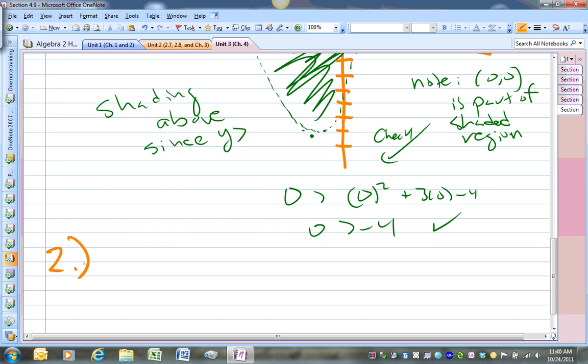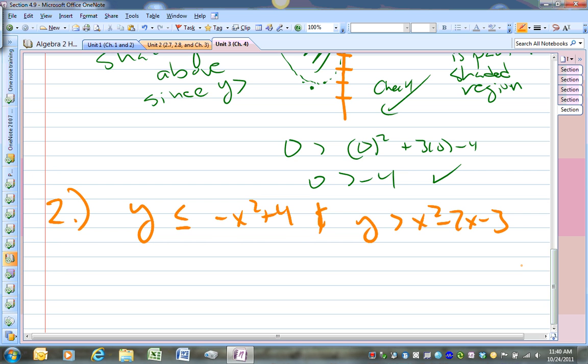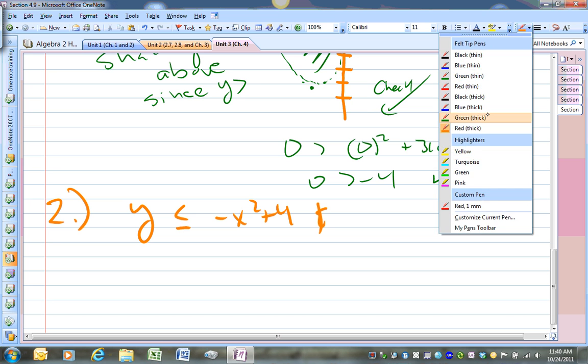So number 2. y is less than or equal to negative x squared plus 4 and y is greater than x squared minus 2x minus 3. And what I probably should have done, I'll make this change right now, is use different colors. So let's color code this.